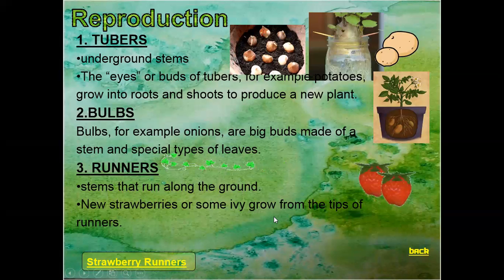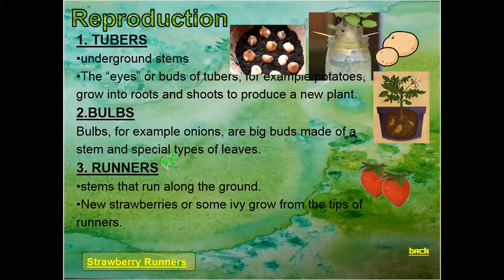If you look at the photo in the book, page 68, the daffodil reproduces from a bulb, like the onion, and the chain plant reproduces from a cutting.